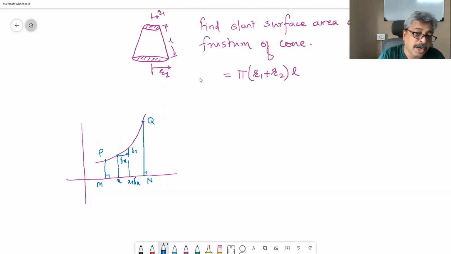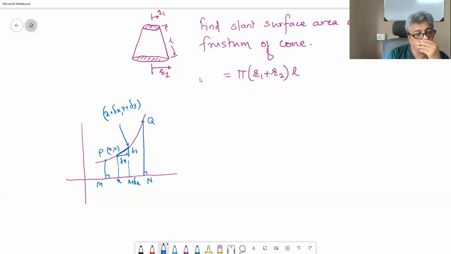This is going to be y, so the point is x comma y, and this point is going to be x plus del x comma y plus del y. Then we join these 2 points, and when delta x tends to 0, we can use Pythagoras to find the slant length.